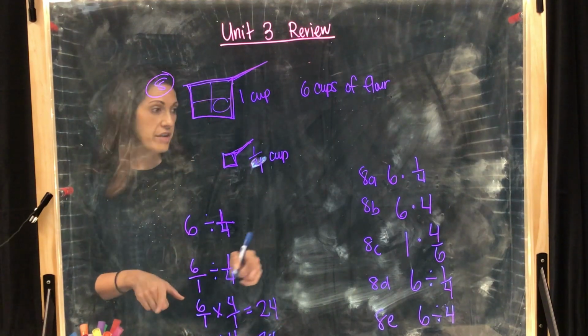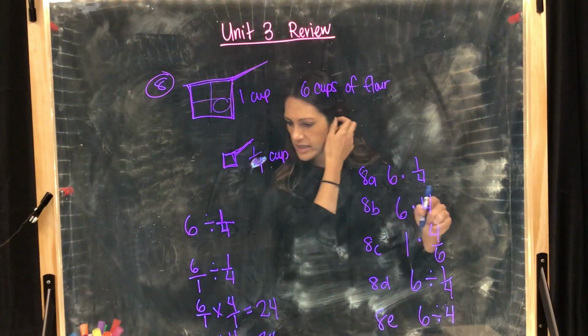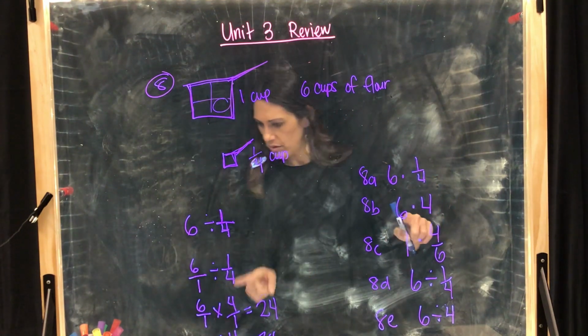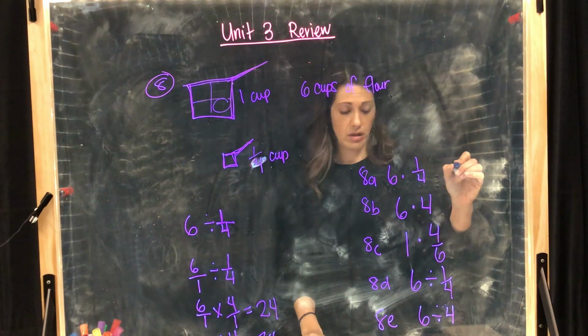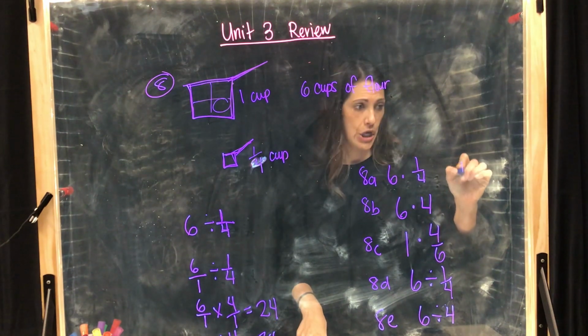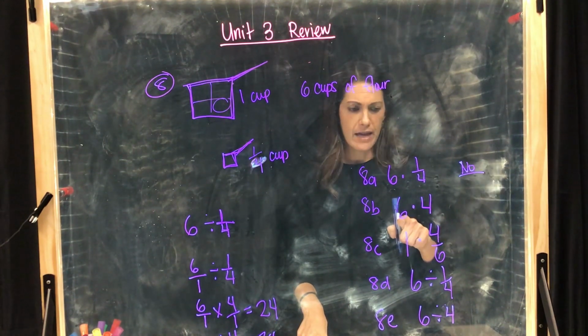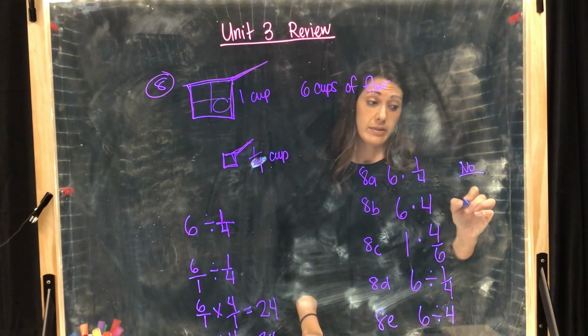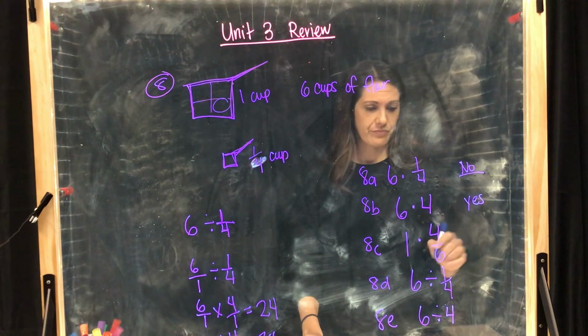Now I'm going to go over here and see which of these match. Did I multiply 6 times 1/4 ever? No. So that one I would say no, okay? Did I multiply 6 times 4 to get 24? I sure did. That one I would say yes.